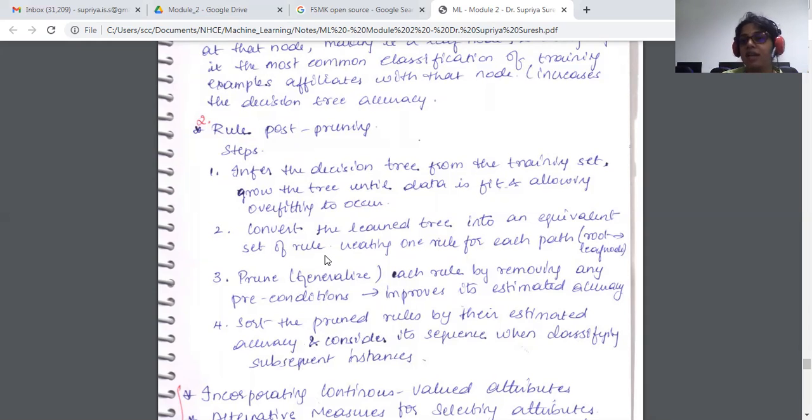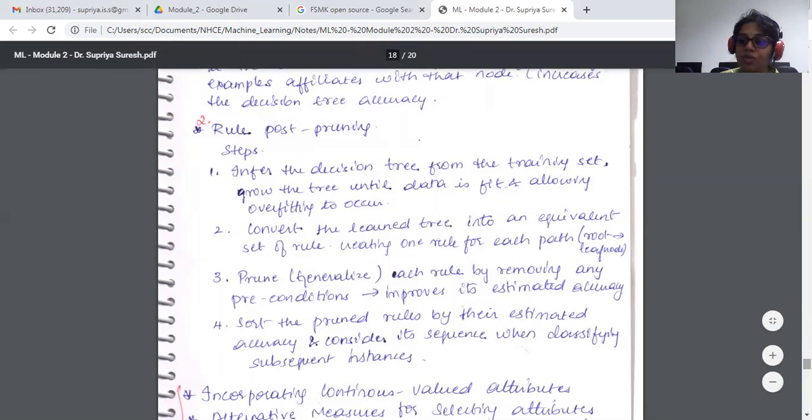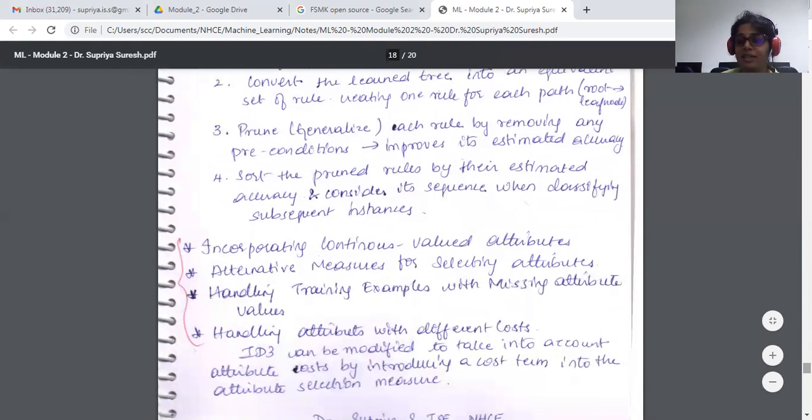So this is how rule post-pruning works, and it is one of the very important techniques used by decision trees to overcome missing data or overfitting. An additional issue that the ID3 decision tree system handles is incorporating continuous valued attributes. Decision trees are not fixed to discrete values, they can incorporate continuous valued attributes as well.